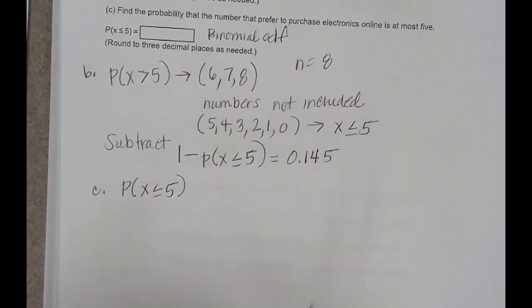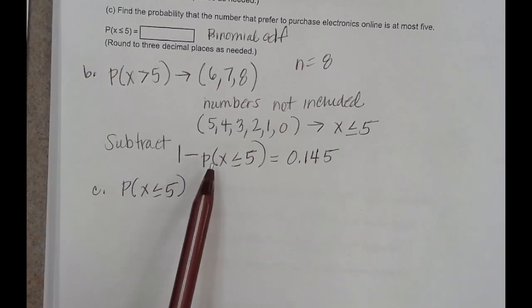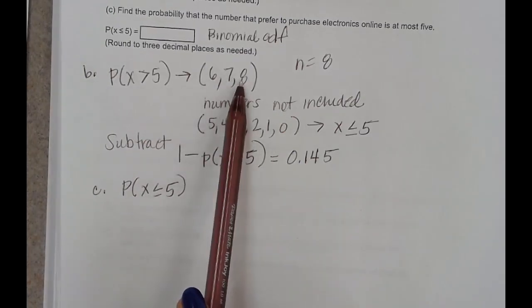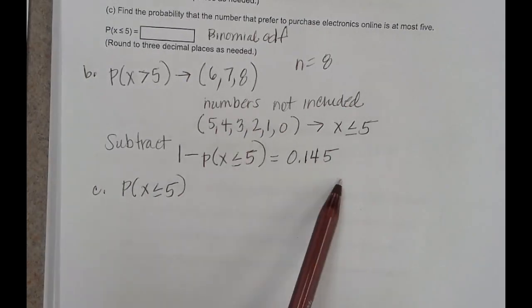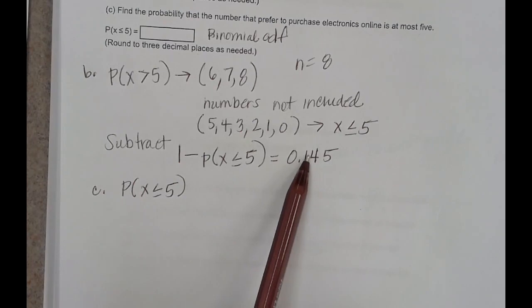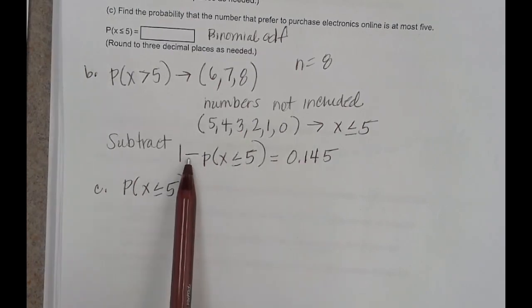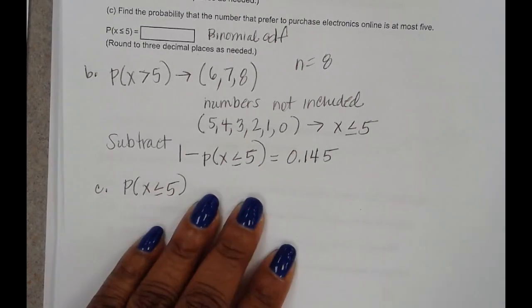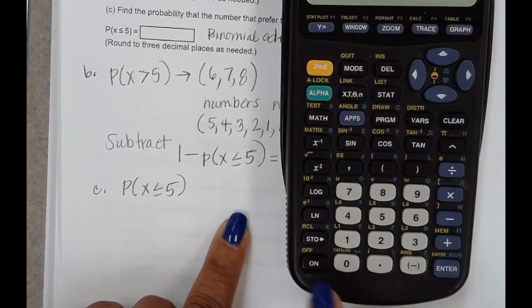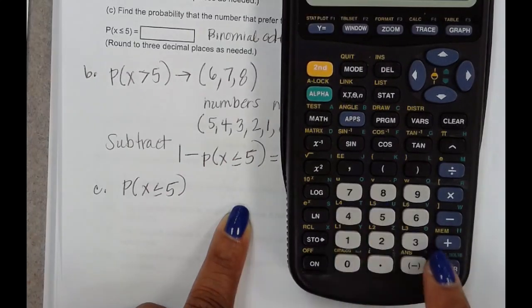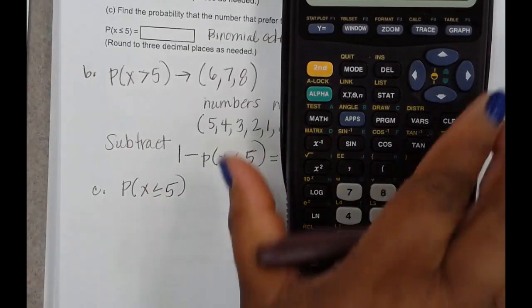We also should see that if we look back here, we just found that the probability of 6, 7, and 8 inclusively was this number. I should be able to subtract this from 1 and get this value. Let's do that. So 1 minus 0.145.